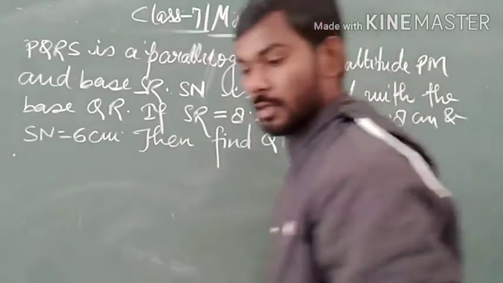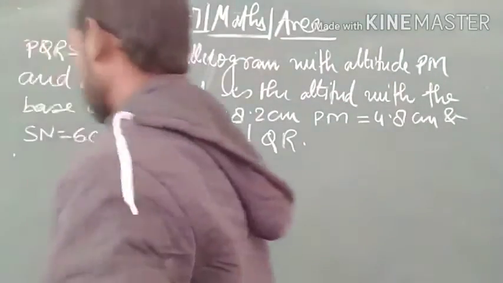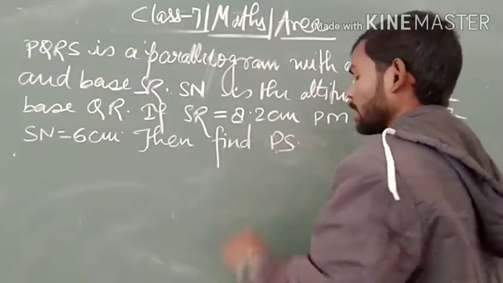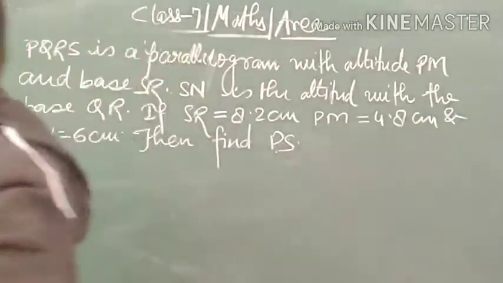Then find the value of PS. PS is equal to QR.